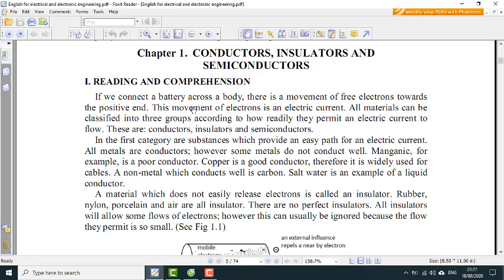This movement of electrons is an electric current. All materials can be classified into 3 groups according to how readily they permit an electric current to flow. These are conductors, insulators, and semiconductors.